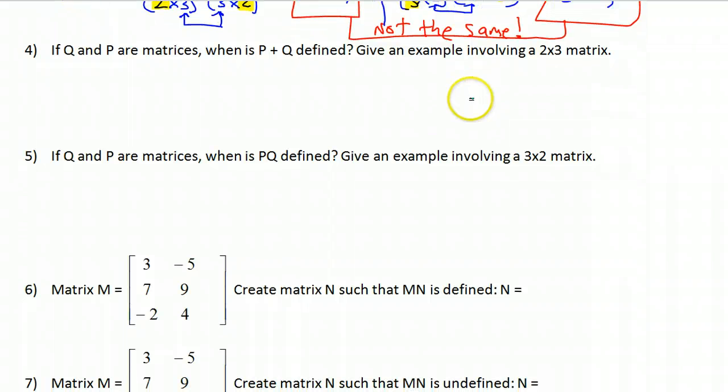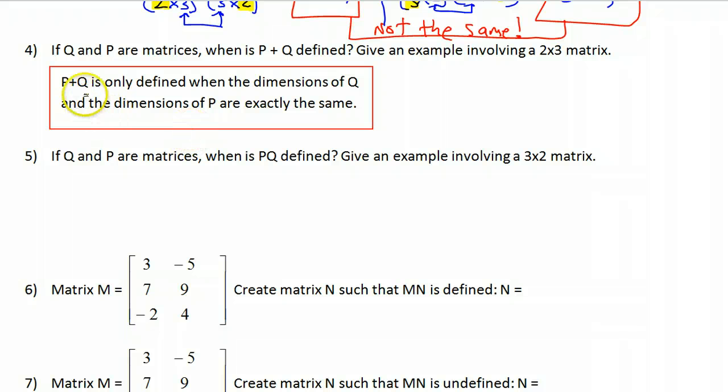Number 4. If Q and P are matrices, when is P plus Q defined? In other words, when is it possible? P plus Q is only defined when the dimensions of P and the dimensions of Q are the same. Only when the dimensions are exactly the same.